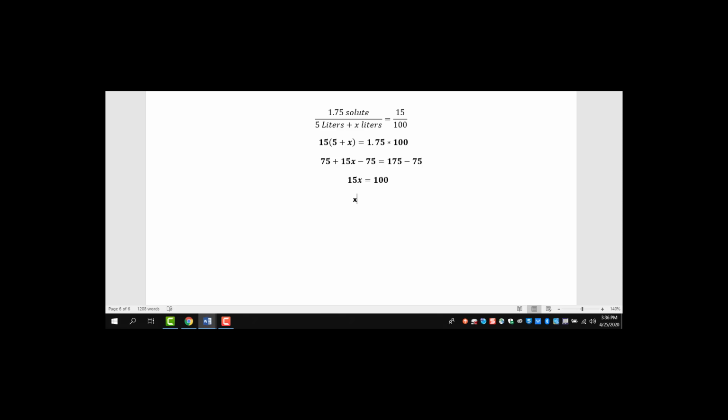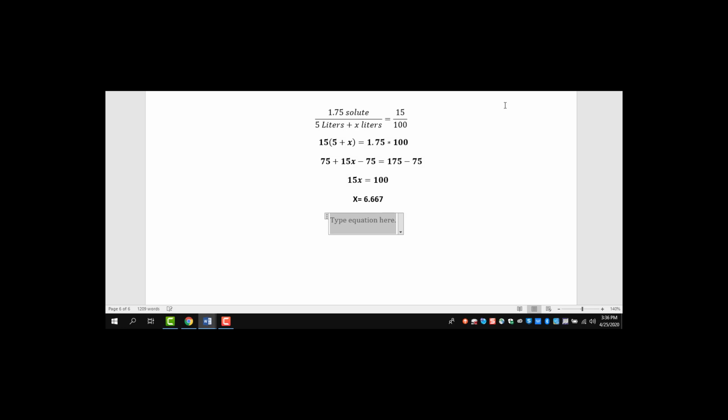The amount of liters that I need to add is 100 divided by 15, which is 6.67, or 6.666 forever. Alright, so that's how many liters I need to add to dilute this 35% solution to a 15% solution.